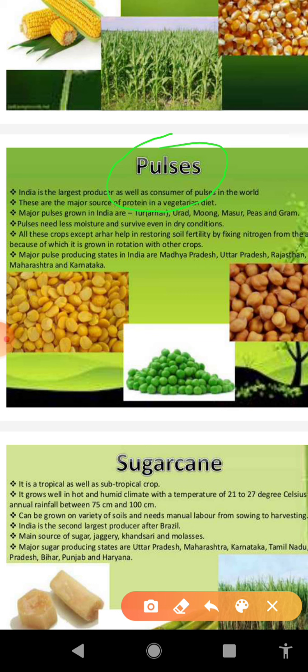Now move to the new topic, sugarcane. Sugarcane is an example of a cash crop because in India, farmers grow sugarcane to sell the produce in the market. Our country is considered the original home of sugarcane.